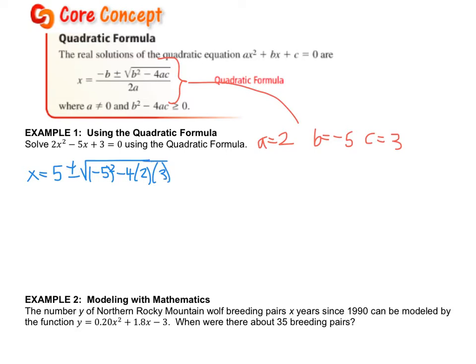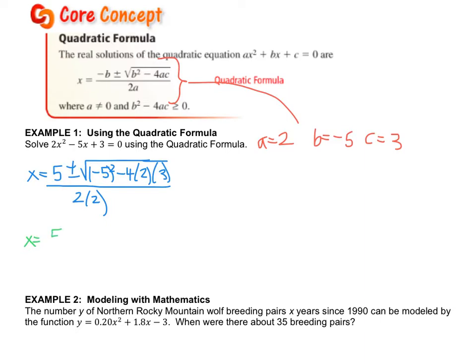I'm just going to extend that radical sign. All over 2 times 2. So the first step is to find A, B, and C. The second step is to plug them into the formula. Always do those 2 steps. Don't skip anything. Now you just follow order of operations.